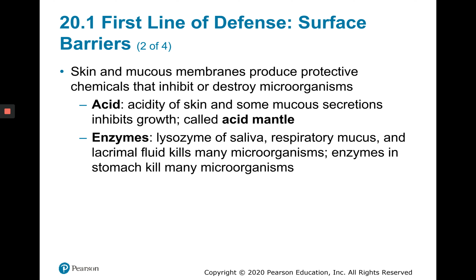And acidic secretions or acidity of the skin, both of these things would inhibit bacterial growth or microbial growth. There's also plenty of enzymes like lysozyme. There are enzymes in respiratory mucus and lacrimal fluids, and these enzymes are able to break down and or inhibit or kill certain microbes. And we can't forget the acid that is inside the stomach. The acid inside the stomach is also able to break down many microorganisms.